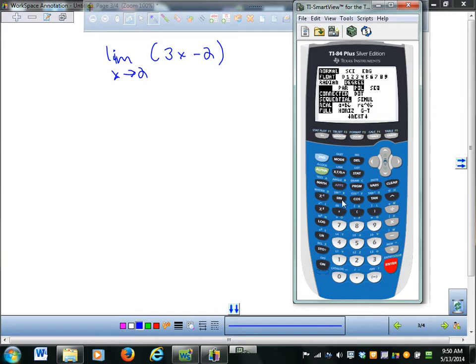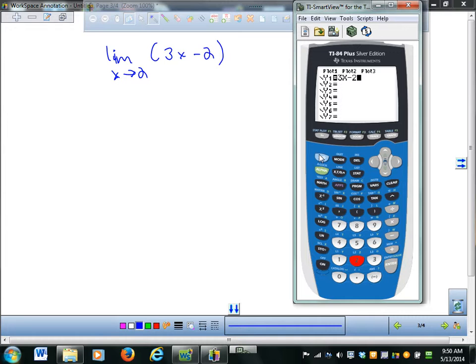So clear, y equals 3x minus 2, okay? And I want to see what happens as I get very close to 2.